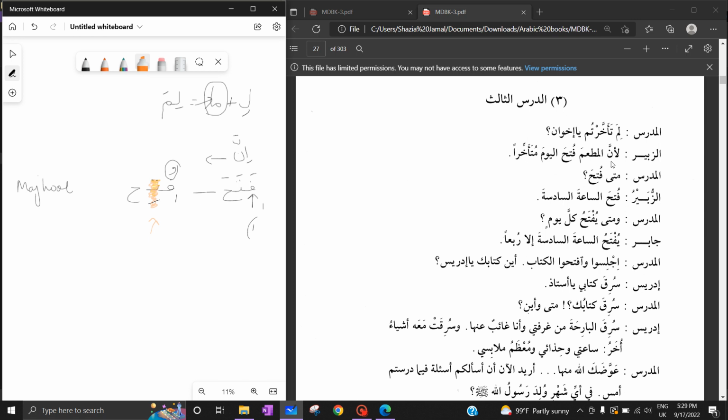So he says, because the restaurant futiha al yawma, was opened today, mutaakhiran. Mutaakhiran is ismun fa'il, that means opened late. Mudarris: mata futiha, when did it open?